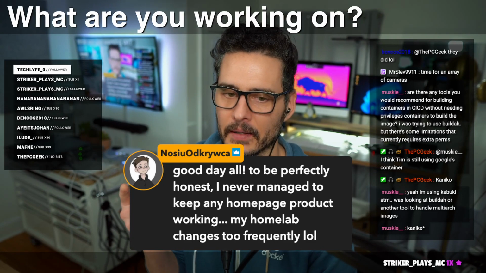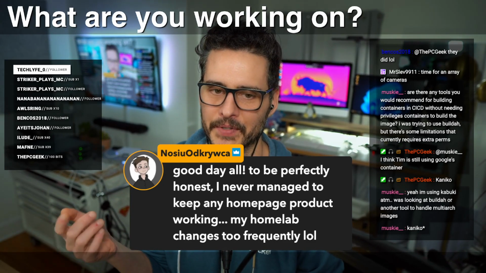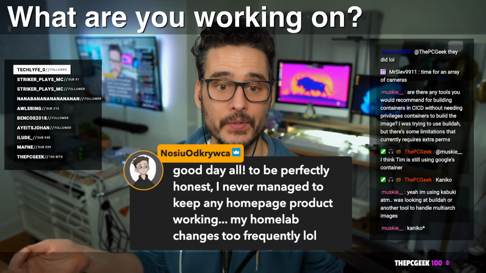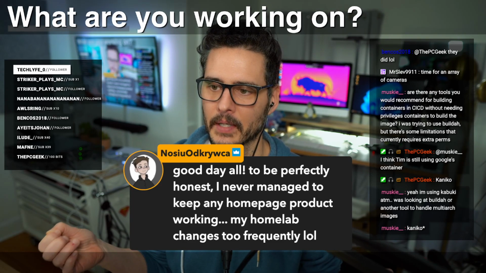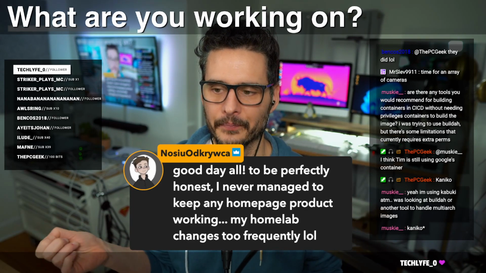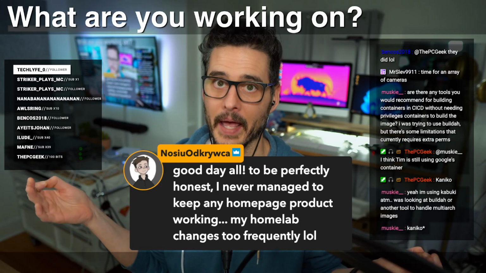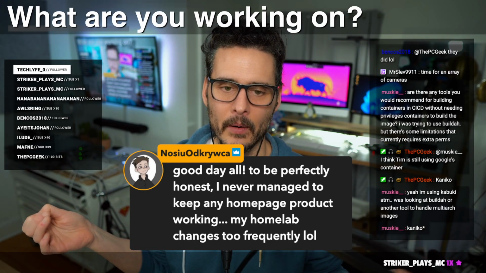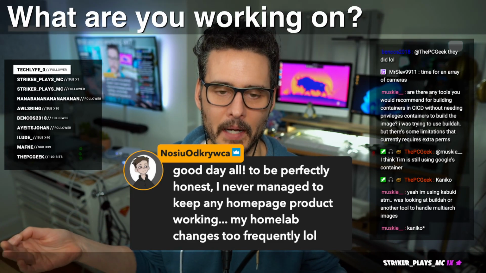A couple of things that I learned, if you are going to use a homepage dashboard: when you configure it, use DNS if you can. That makes it easier to figure out where you need to change stuff. I have DNS set up for almost every IP address. If you have a static IP or a DHCP reservation, you're getting DNS as well.